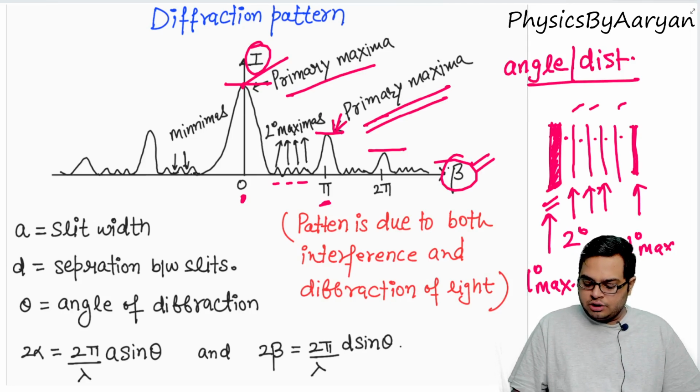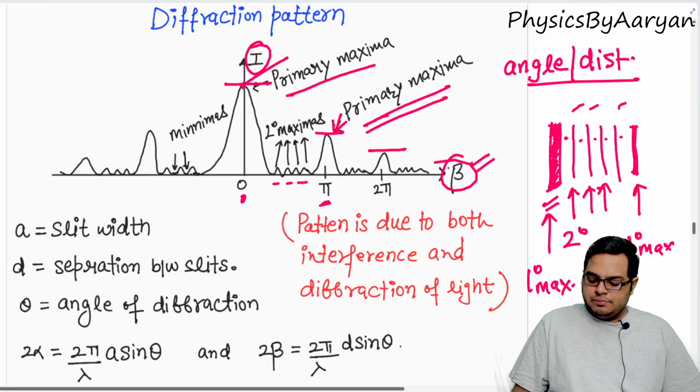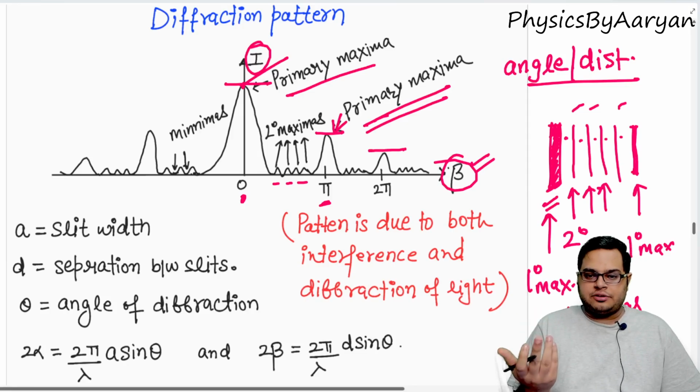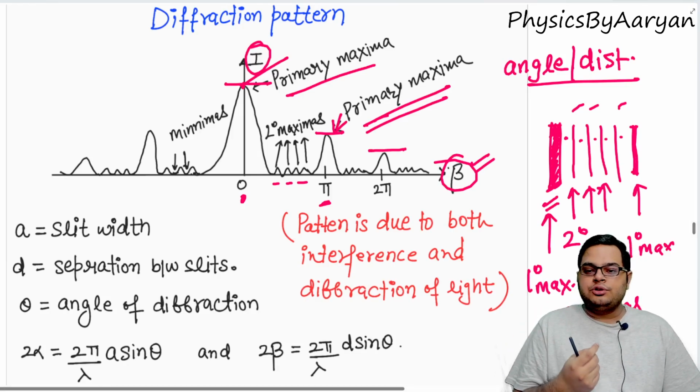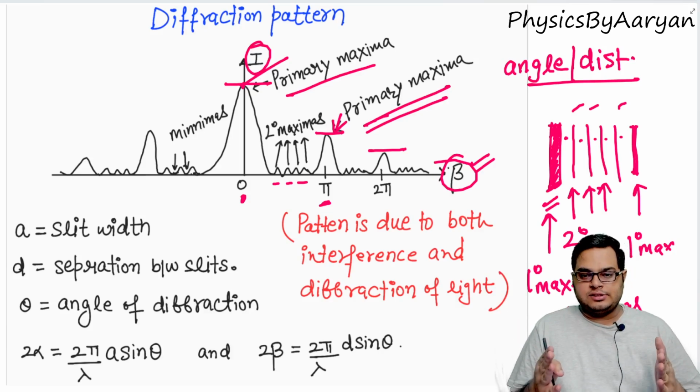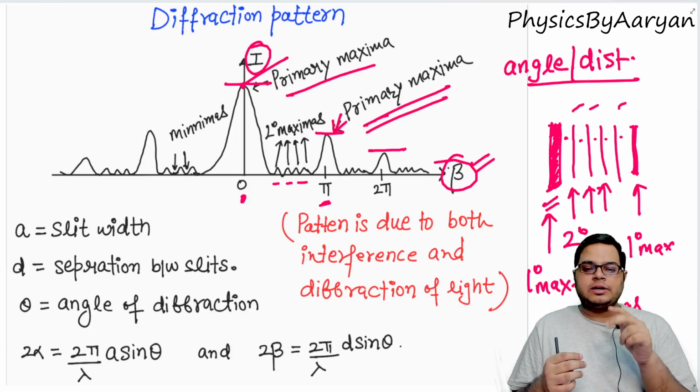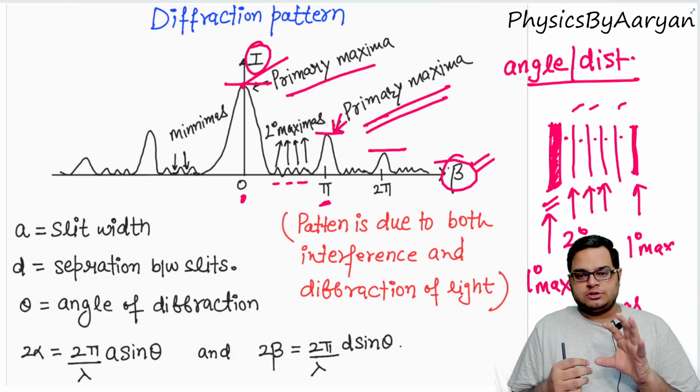And then you also have a third thing, which is minimas. Minimas is basically the absence of light. So this is the kind of pattern that you see, and you have to focus on three things: primary maxima, secondary maxima, and minimas.